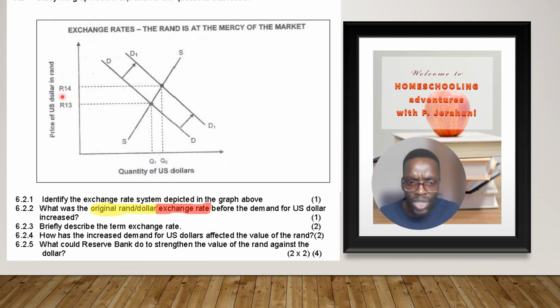So it's the rate at which one currency is exchanged for the other. In this case, for example, 13 rands was being exchanged for $1. That becomes the exchange rate. If you had said that, you are going to get your 2 marks there.